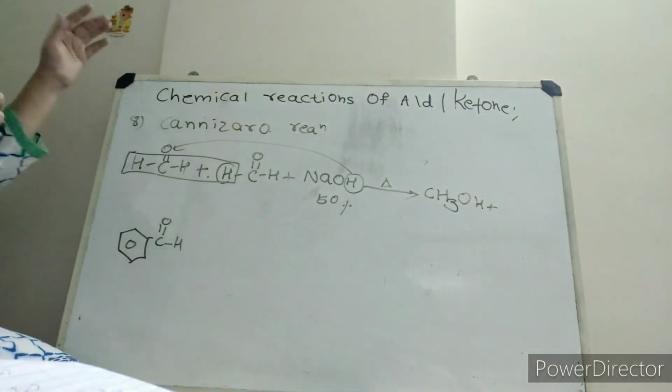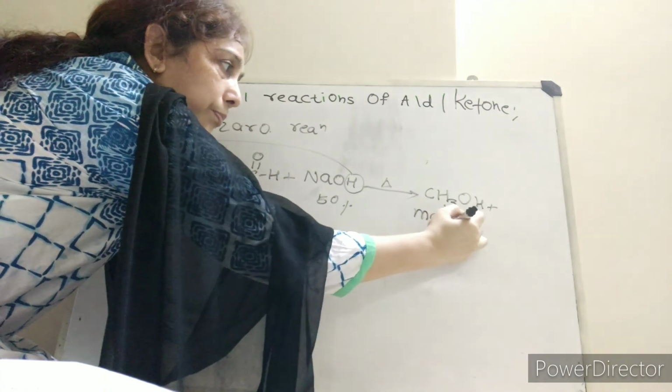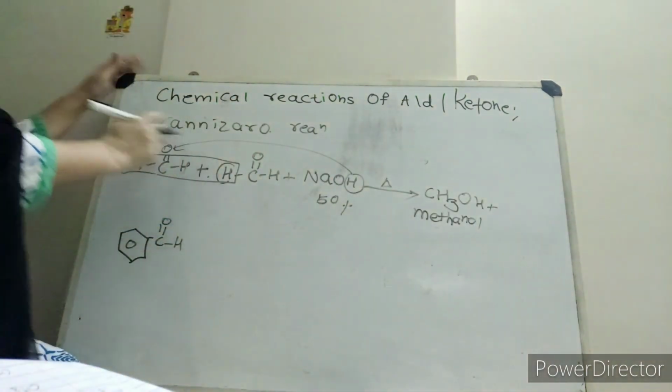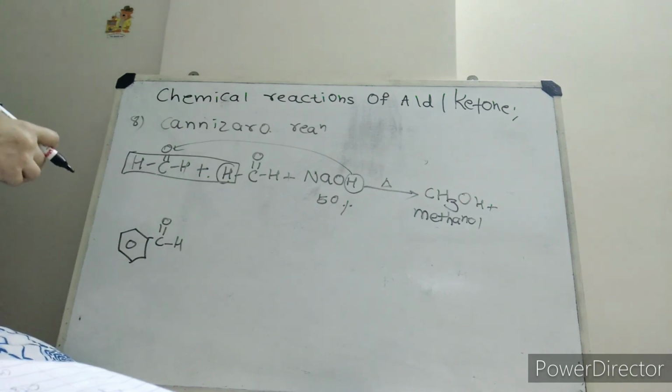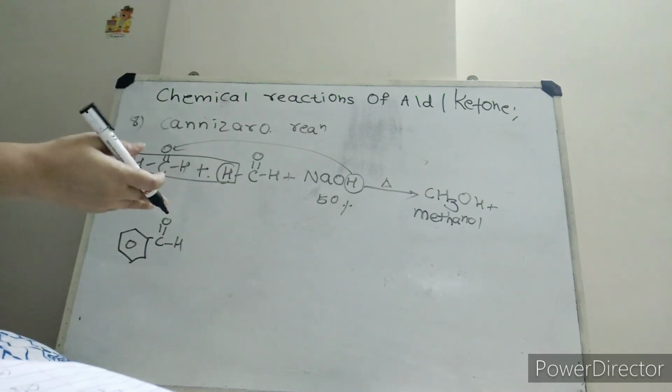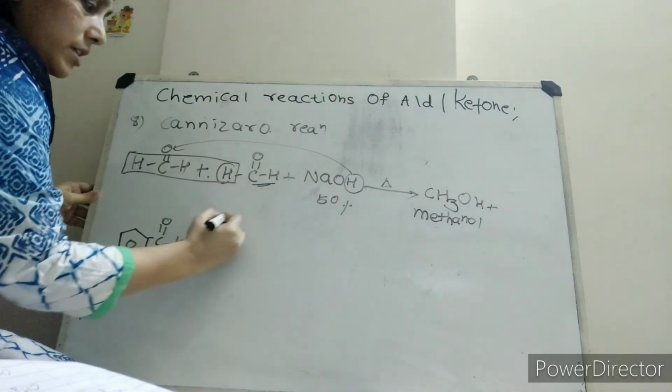It is known as methanol. We are taking hydrogen, so it is a reduction. Reduction means addition of hydrogen. Plus COH as it is.